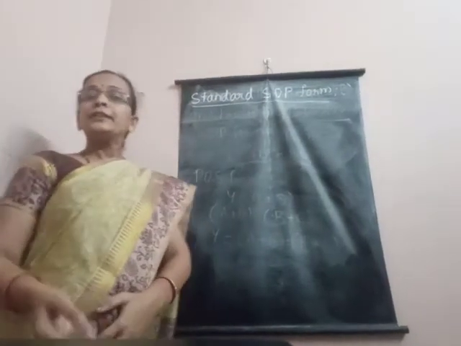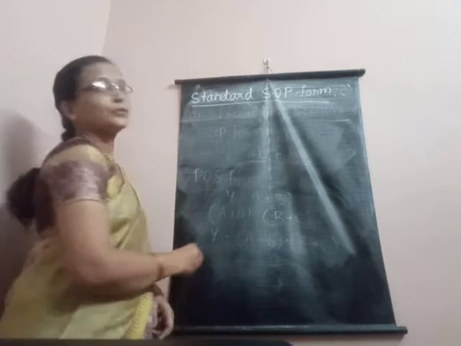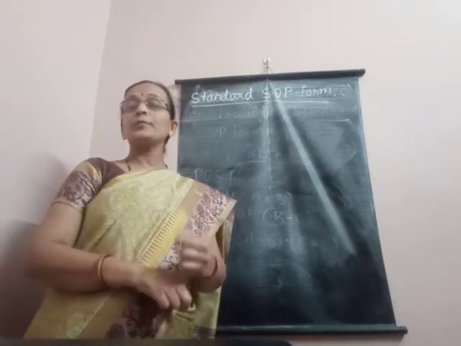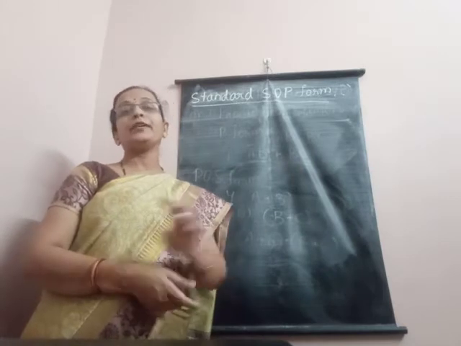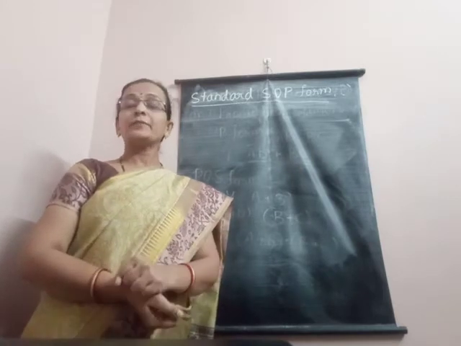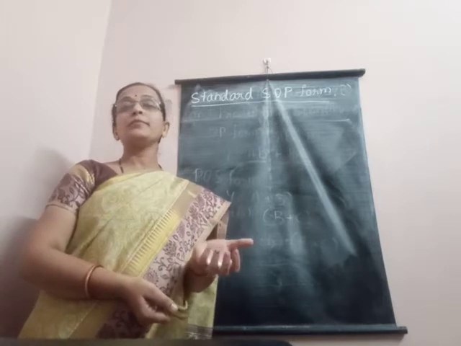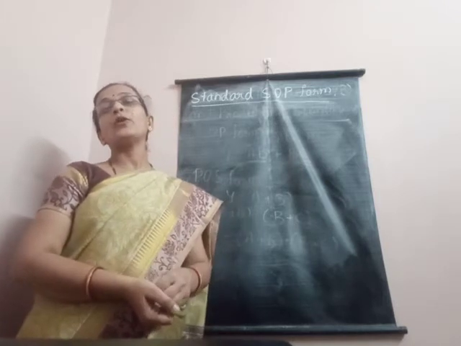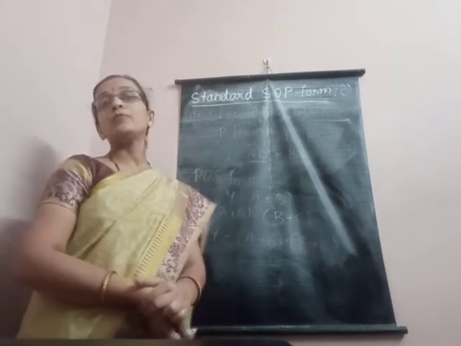The terms in a Boolean expression may not contain all the variables. So, it is possible to express all the terms with all the variables. The Boolean expression containing all the variables in each of the product terms, either in complemented form or in uncomplemented form, is known as standard sum of product form.